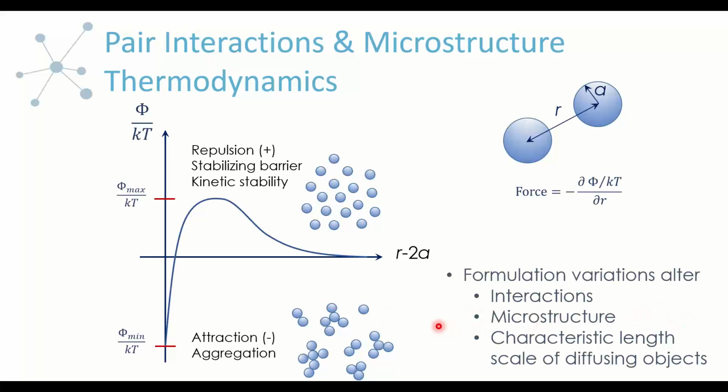If we step through this chart, we can see what's going on here. When proteins or particles are very close together, they can be attractive and tend to aggregate. While they're spread out farther away from each other, they are more repulsive and stabilizing.